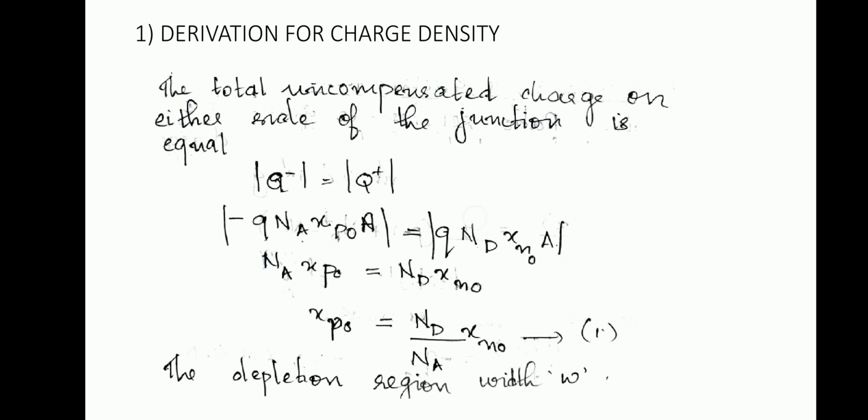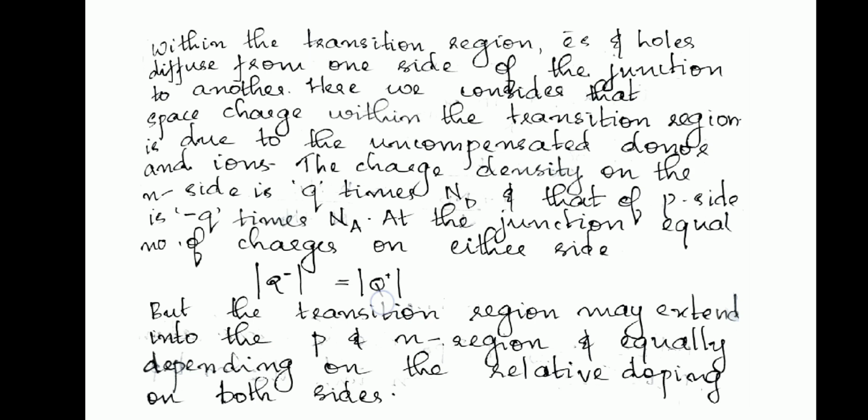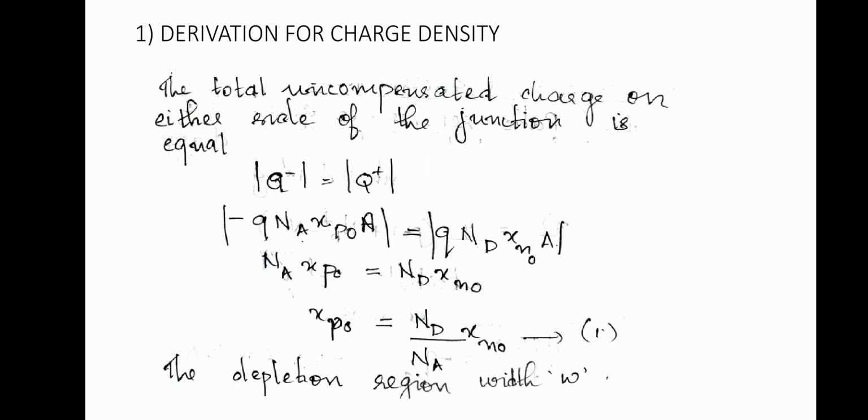We already studied that the charge density on the N side is q Nd and that of the P side is minus q Na. So we can write modulus of minus q Na xp0 A equals modulus of q Nd xn0 A. The q and q cancel, A and A cancel.